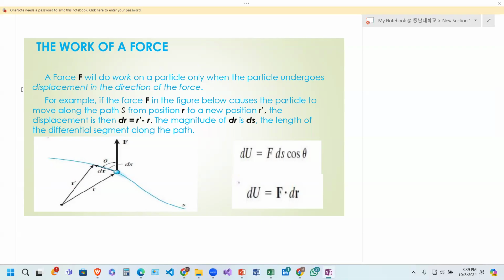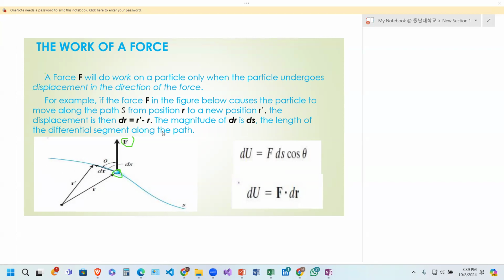So now let's look at what we have here. Let's consider a force, which is F, being applied onto a particle right here, which describes a position, which is S. Now a force F will do work on a particle only when the particle undergoes displacement in the direction of the force.